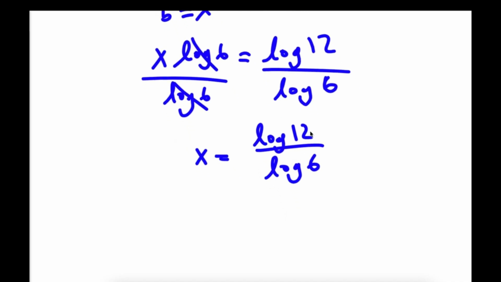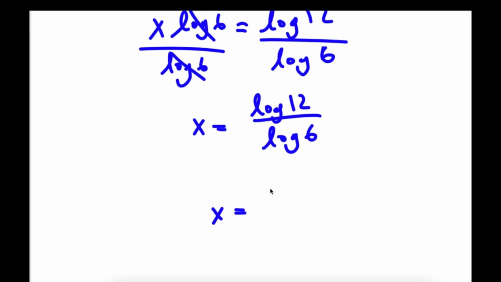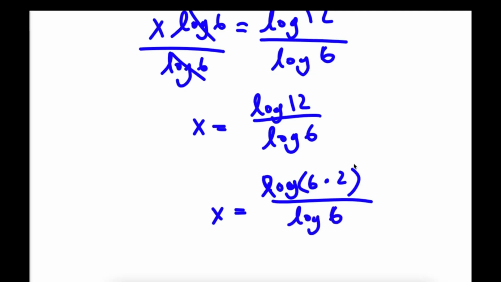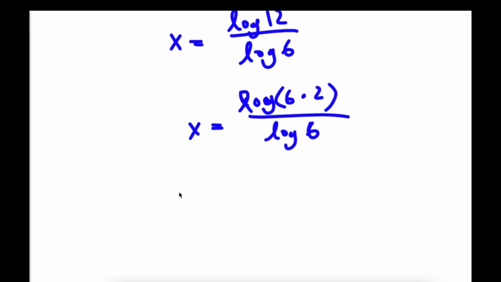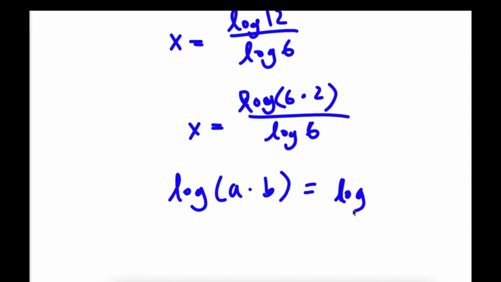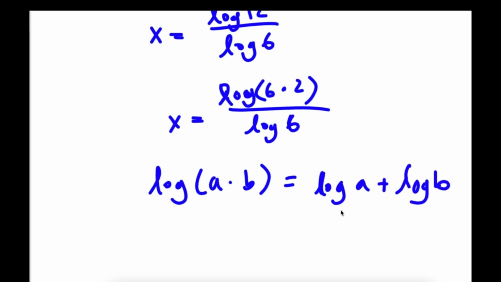Now, log 12 is the same thing as log 6 times 2. And for logarithms, an important property is that if we have something in the form log a times b, this is equal to log a plus log b.